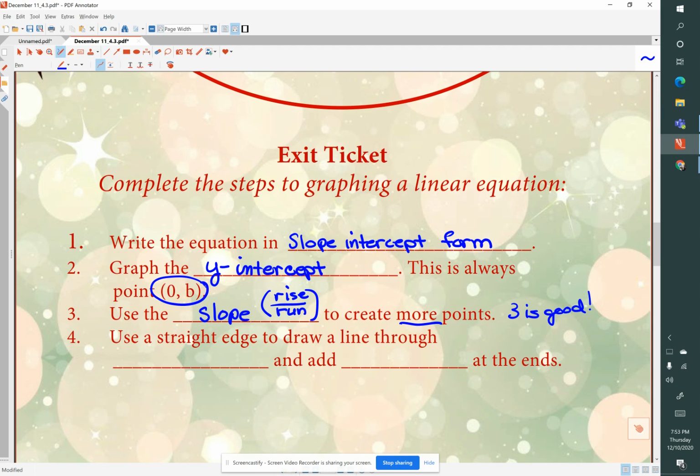Use a straight edge to draw a line through the points and add arrows at both ends. And I have marked them wrong, and other people have as well. If the arrows weren't there, you want to show the arrows. It's very important on these linear equations.